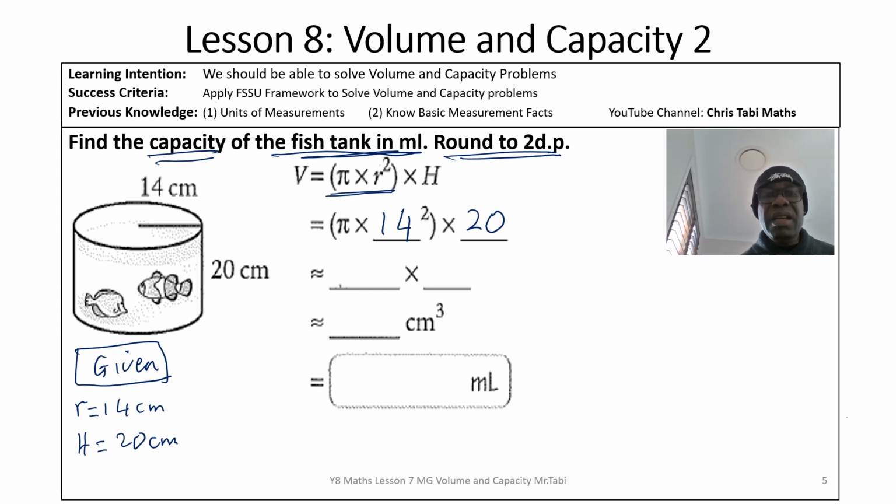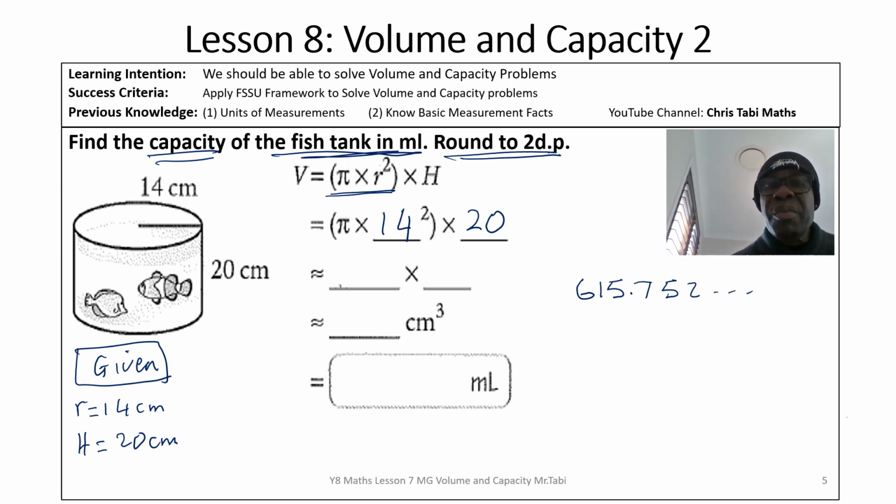So basically, we can grab our calculator and do some calculations here. So 14 squared multiplied by pi, that gives us, let me just write it here from the calculator, it gives me 615.752, and so on.